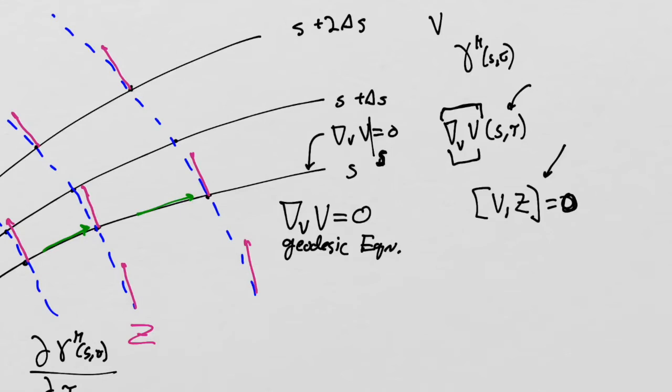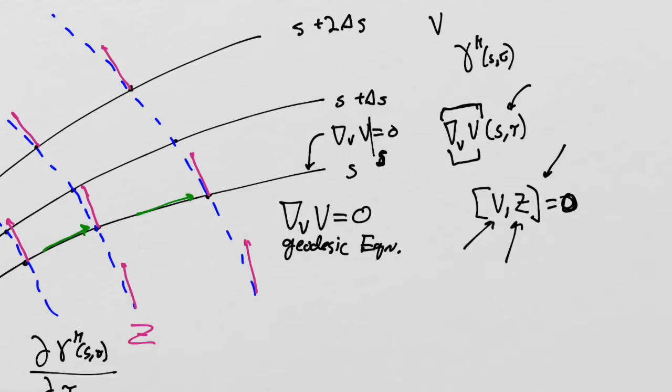And therefore, v and z can form a coordinate basis at every point if we switched to those curves. If we switch to those curves as the coordinate curves, then these guys would be the coordinate basis vectors.